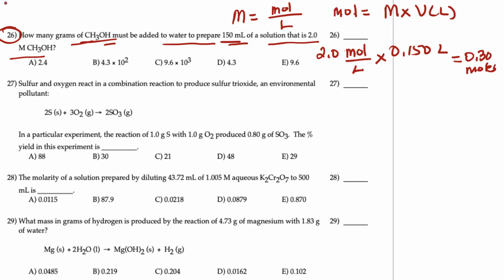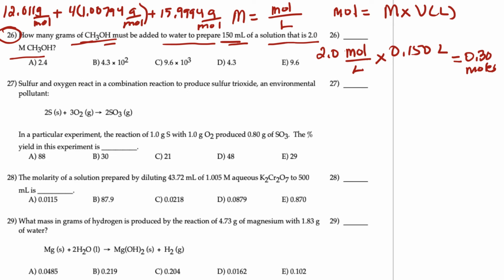So we have 1 carbon, and that's 12.011 grams per mole. We have 4 hydrogens, so that'd be 4 times 1.00794 grams per mole. And we have 1 oxygen, which is 15.9994 grams per mole. Let me erase this.